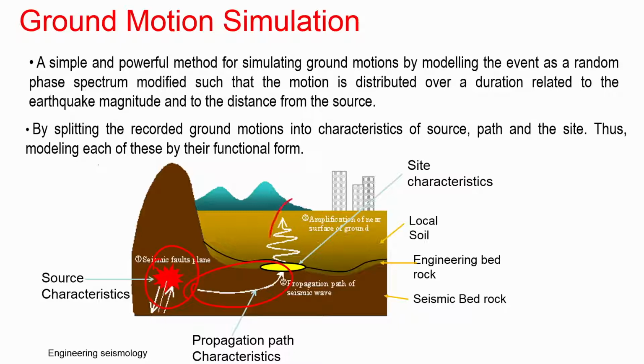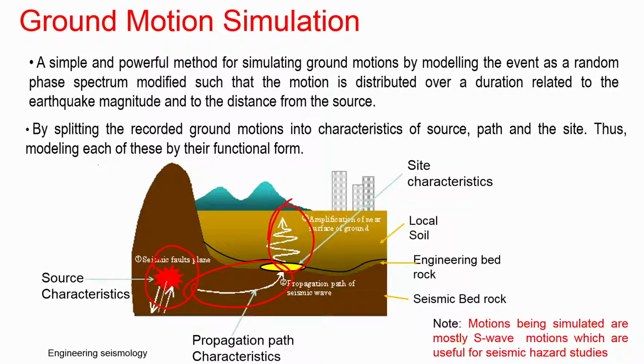The other one is the site characteristics. By solving what happens here, we understand the attenuation characteristics, seismic moment, corner frequency, cutoff frequency. By solving all these equations separately and clubbing them together, you can get what a typical event waveform looks like on the surface. That is what the simulation model does basically.